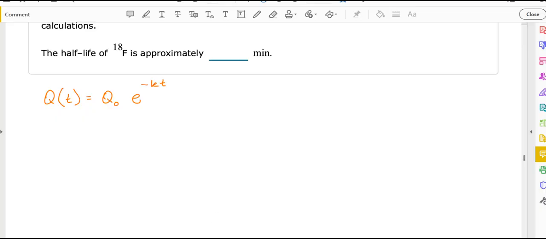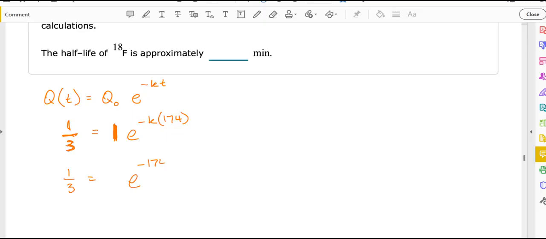After 174 minutes, that's going to be time, you're going to be left with 1/3. If you start with 1 unit, after 174 minutes, you have 1/3 of a unit left. Okay, 1/3 equals e to the negative 174k.